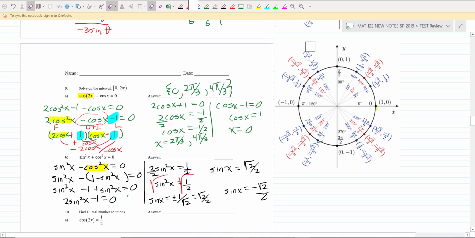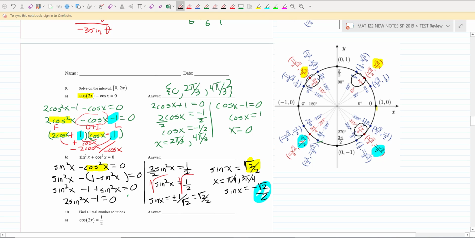Okay, so now what I'm going to do basically is look at the unit circle. It's root 2 over 2. The sine takes on that value in 2 places, pi over 4 and 3 pi over 4. So here we would get these 2 answers. The sine takes on a value of negative root 2 over 2 in these 2 locations.